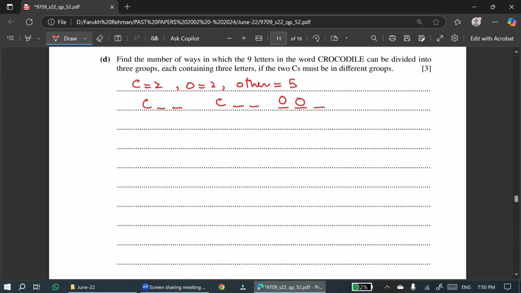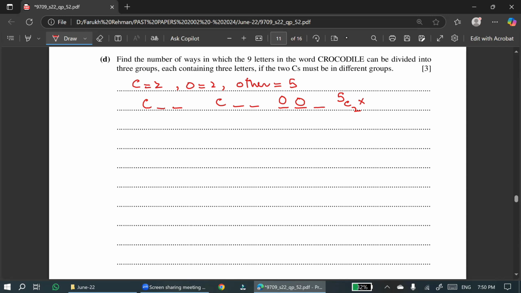Now, for the first group, to select two letters, we have five others other than C's and O's, and from five, we will select two.